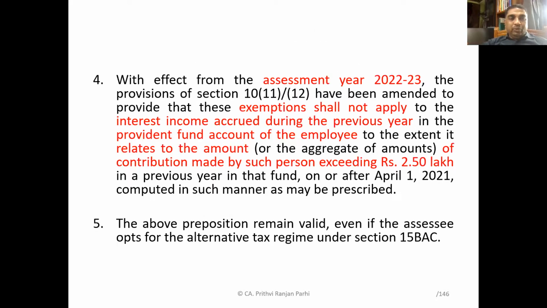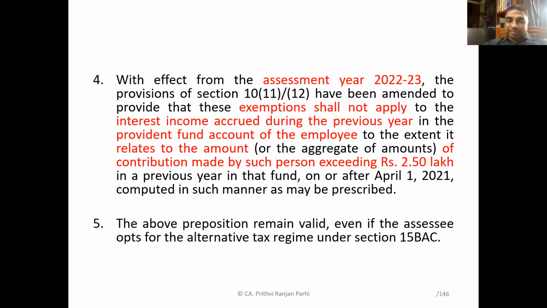One more new concept which is relevant for assessment year 22-23 we have to remember. The exemptions I told you right now shall not apply to the interest income accrued during the previous year in the provident fund account of an employee to the extent it relates to the amount of contribution made by such person exceeding rupees 2,50,000.